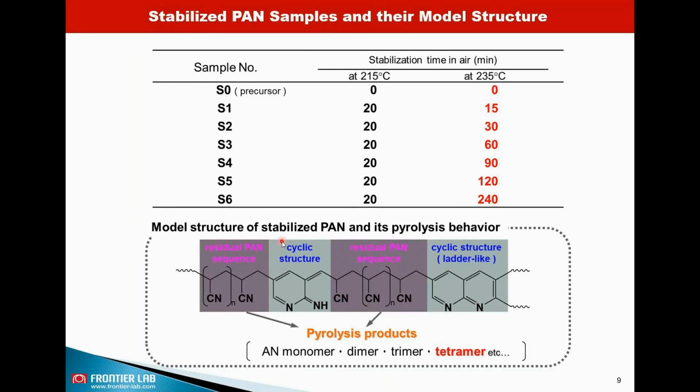Looking at the decomposition products of this carbon fiber, we get the residual PAN, the unreacted monomer, and also the monomer, dimer, and trimer, and these do not tell anything about the cyclic structure. So we have to look for an additional peak, a tetramer, that may show a different triplet that can be used for differentiating these two isomers. That is what I am going to show in subsequent slides.